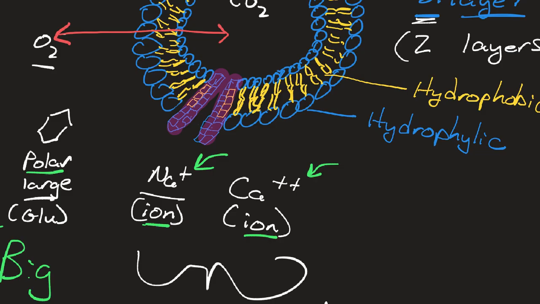And because it's a protein, it's made of amino acids, and amino acids can have R groups. Some of those R groups can be nonpolar, like the lipid tails.